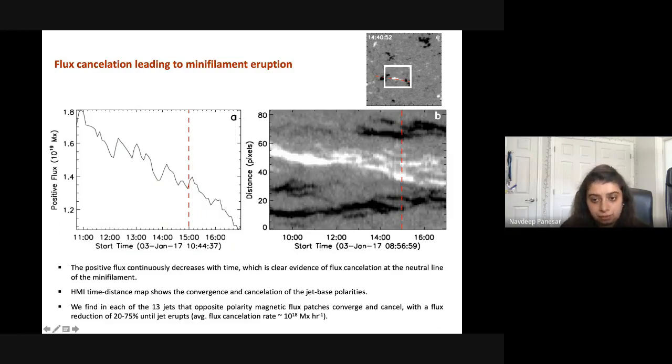With time, they converge and cancel and trigger the mini filament eruption, followed by the coronal hole jet. So in all the 13 coronal hole jets, we find that flux cancellation is usually the trigger of coronal hole jet eruptions. In all these 13 events, flux patches converge and cancel with a flux reduction of 20 to 75% until the jet erupts.